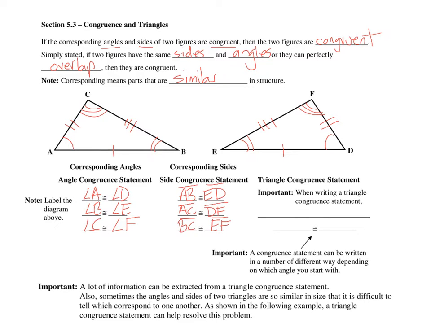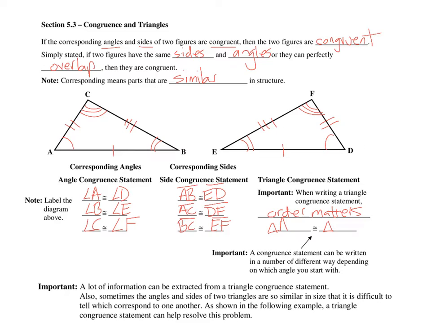Alrighty. Now, triangle congruence statement. Important: when writing a triangle congruence statement, order matters. All right, so if I start off with A here, I'm going to draw my triangle symbol first.